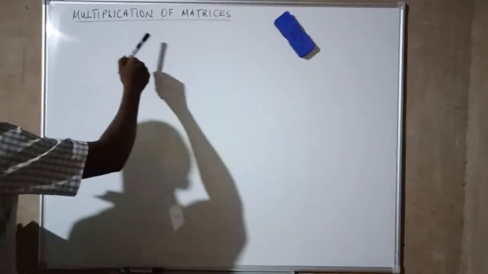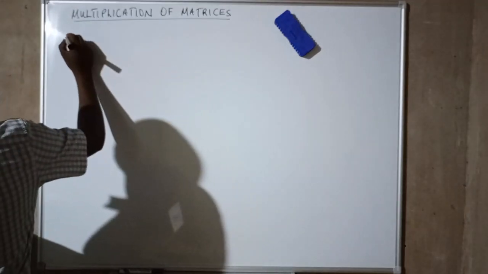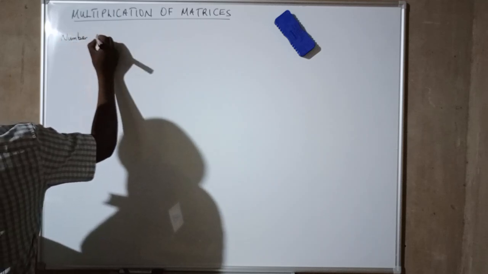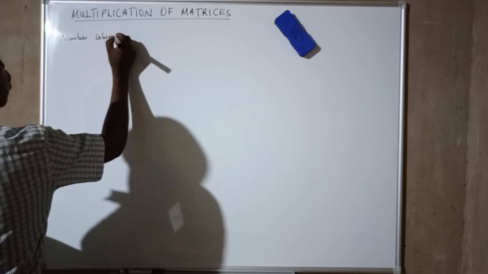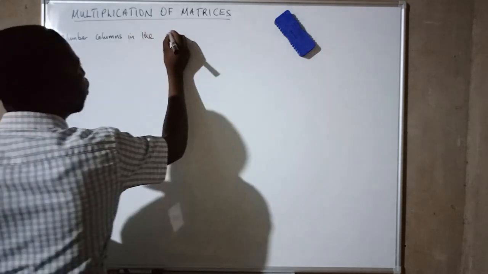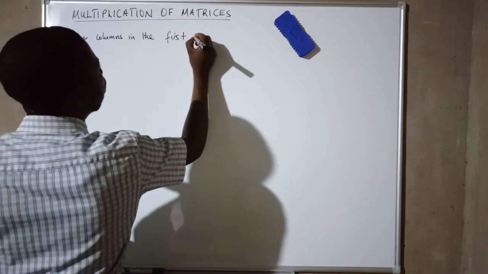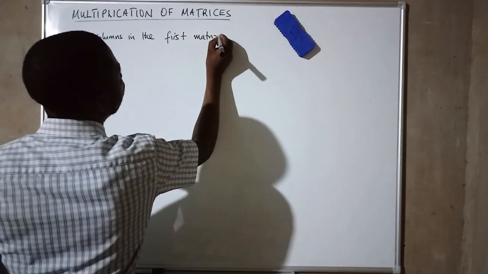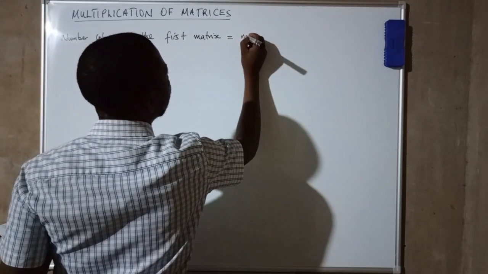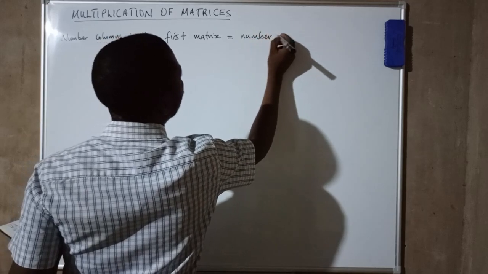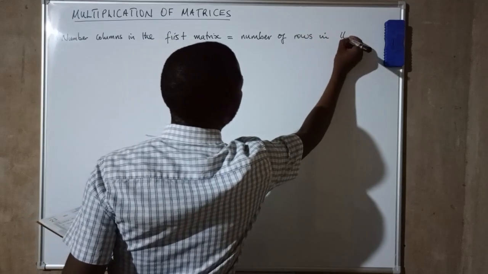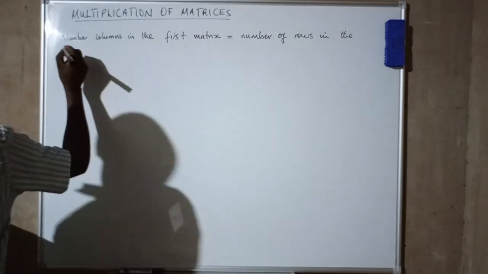So two matrices can be multiplied if the number of columns in the first matrix is equal to the number of rows in the second matrix.